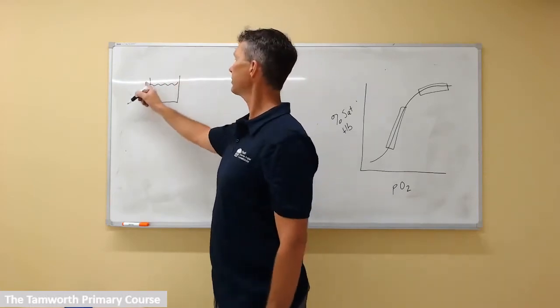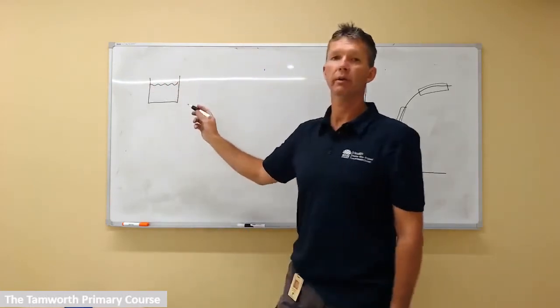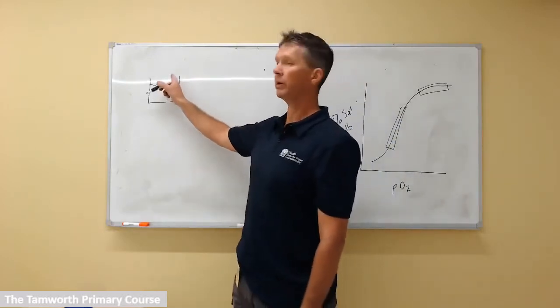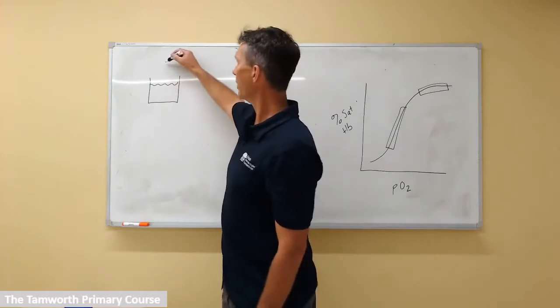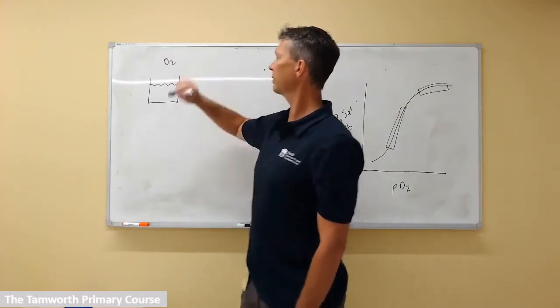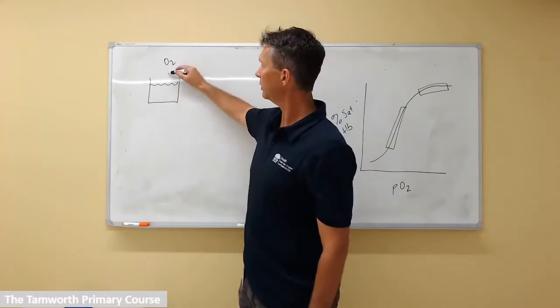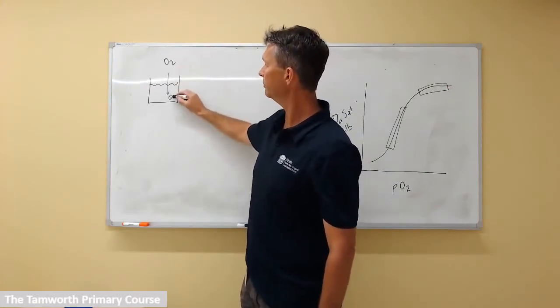And there exists some sort of a membrane. We start to build our blood by saying this is just the liquid-air interface. And we have oxygen in the atmosphere, and through Henry's law, it will diffuse into the liquid.